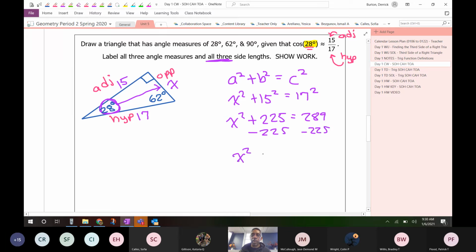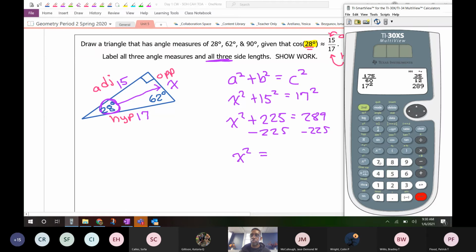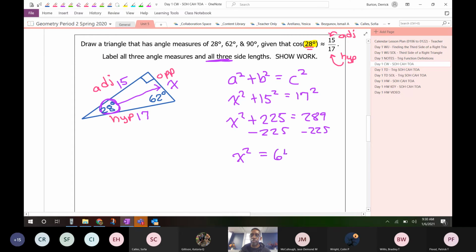So I'm going to have x squared is equal to 64. And then if we take the square root of both sides, we get x is equal to 8. All right, so that's why this last side over here is going to be 8. So we were to label all three sides, and there you have it, 8, 15, and 17.